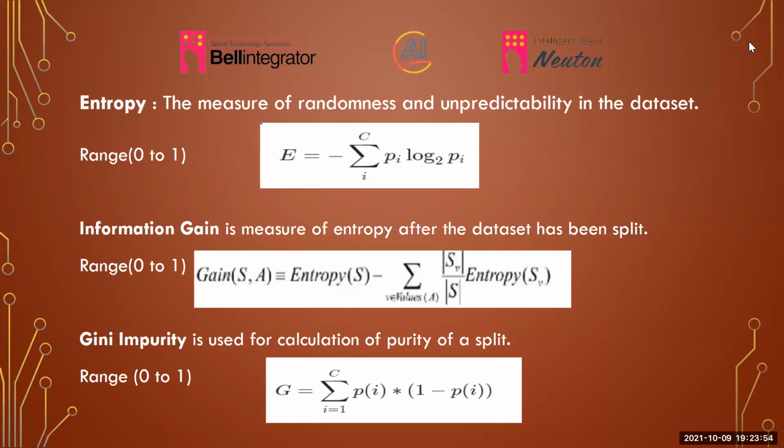So we have Pi log base 2 of Pi. Then for the information gain, we use the entropy of S. This is the entropy of the root node, and further is the entropy of the whole tree in summation.